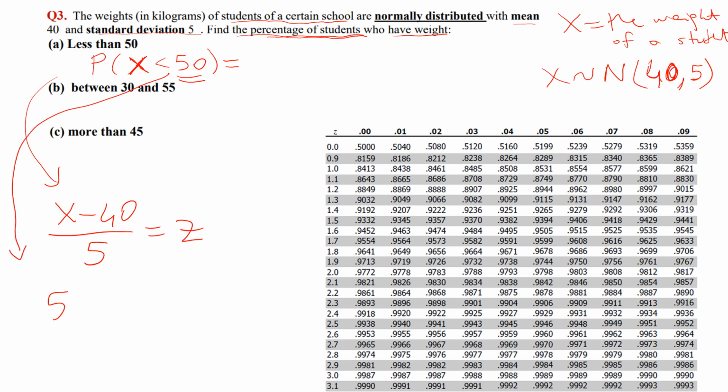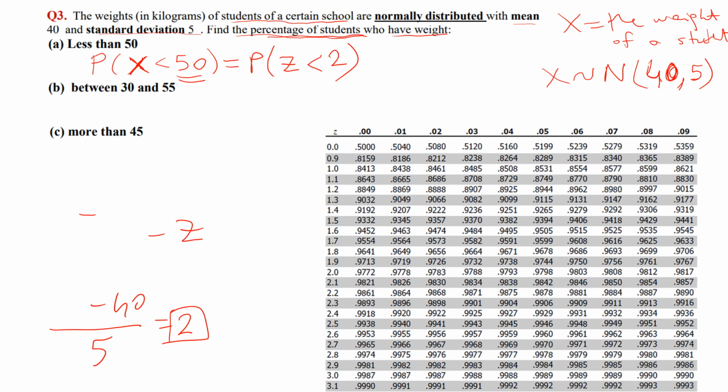So 50 minus 40 divided by 5. This is equal to 2. So then we can write here, this is equal to the probability that z is less than 2. So we convert both x and 50 to z and the other corresponding value.